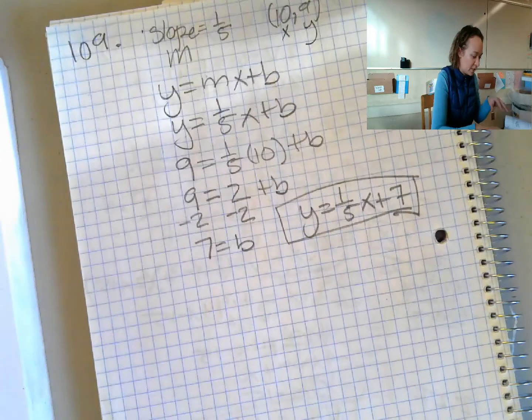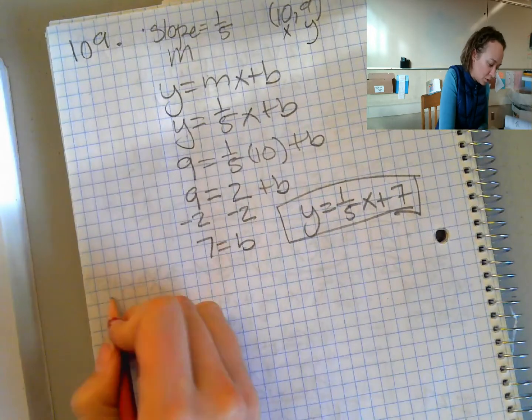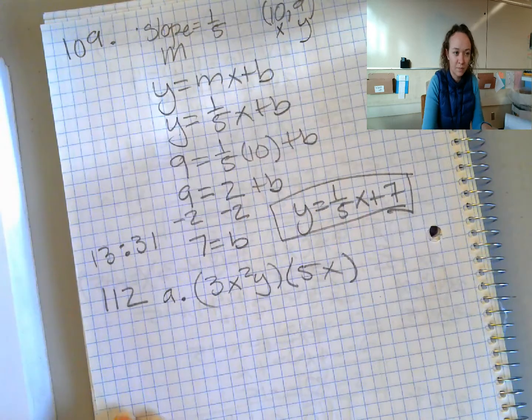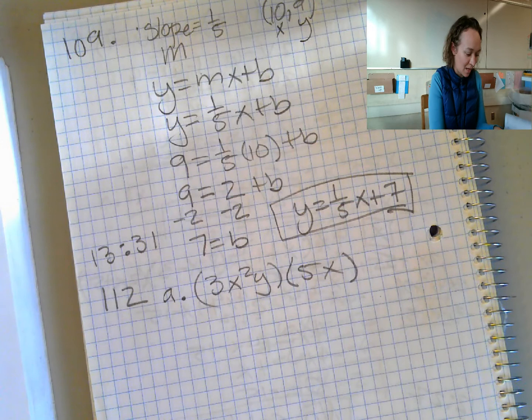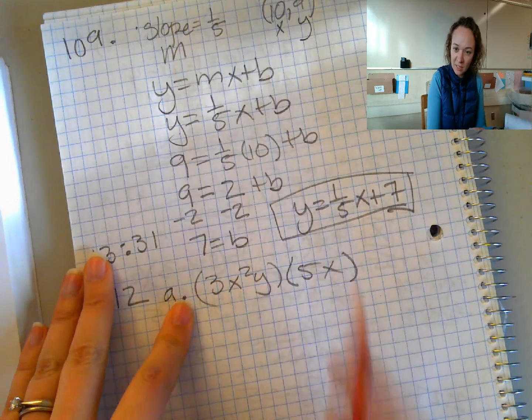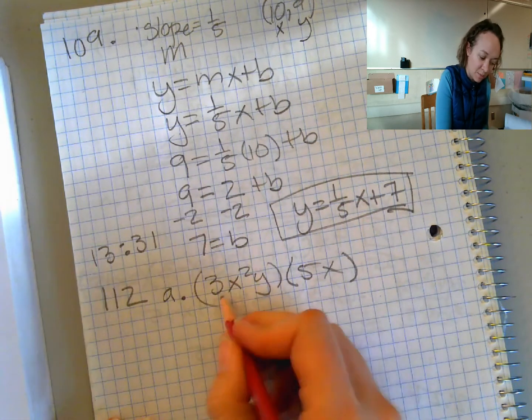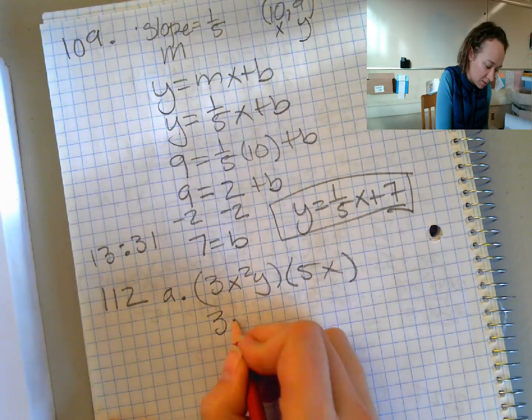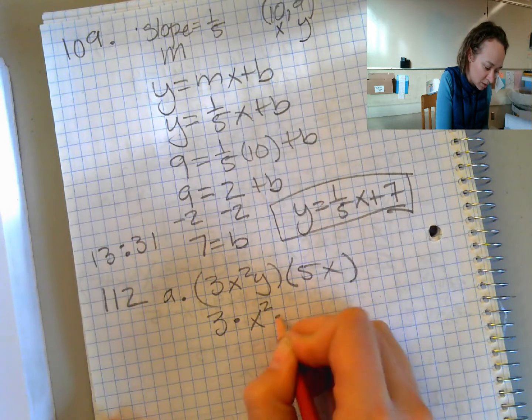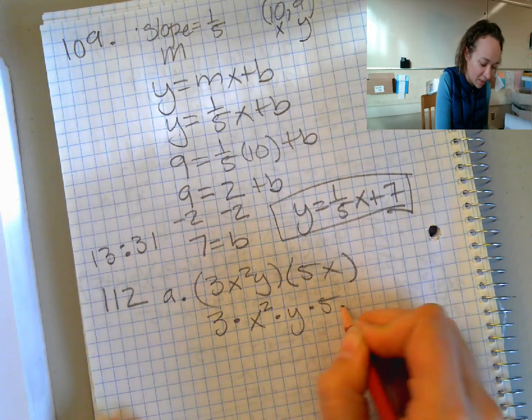And finally, we were supposed to do 112. So on these ones, we are simplifying using the laws of exponents. A was 3x squared y times 5x. So rewrite it without the parentheses and with the little multiplication dots. I find that helps me keep things straight. So 3 times x squared times y times 5 times x.